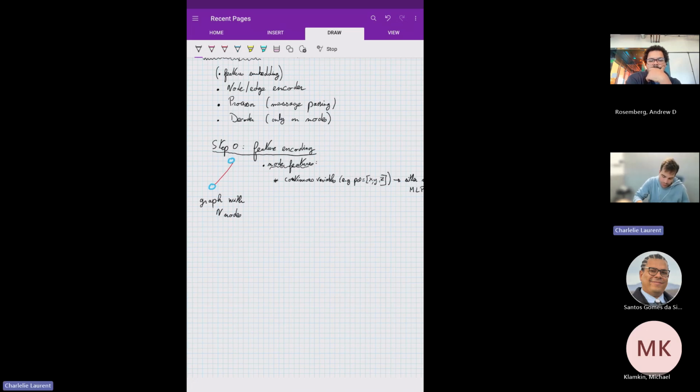All those operations, like the MLP I mentioned, consider each node as a sample. It's not going to take the entire graph, put everything together and then proceed. It's going to take each node individually and process it individually.